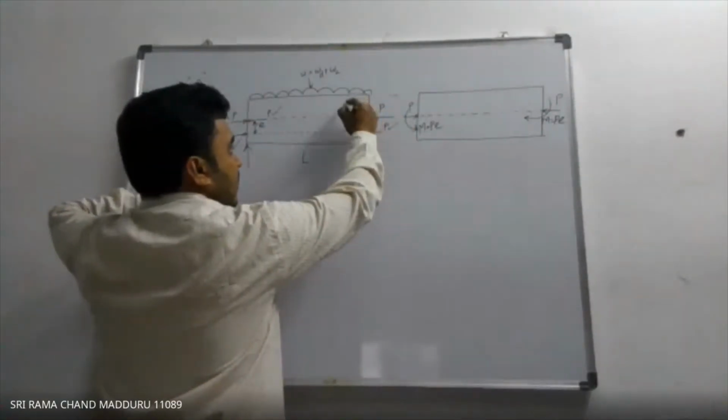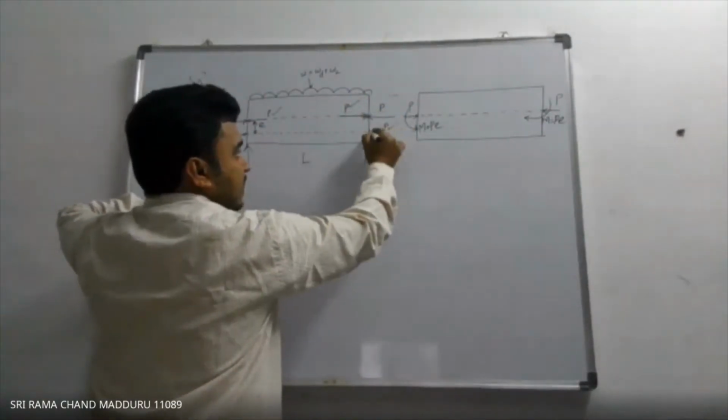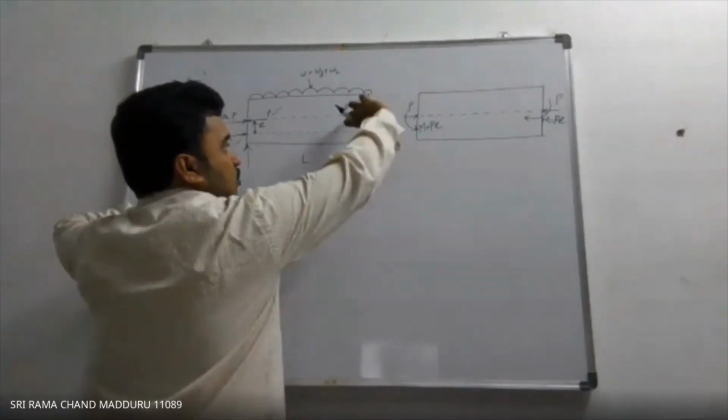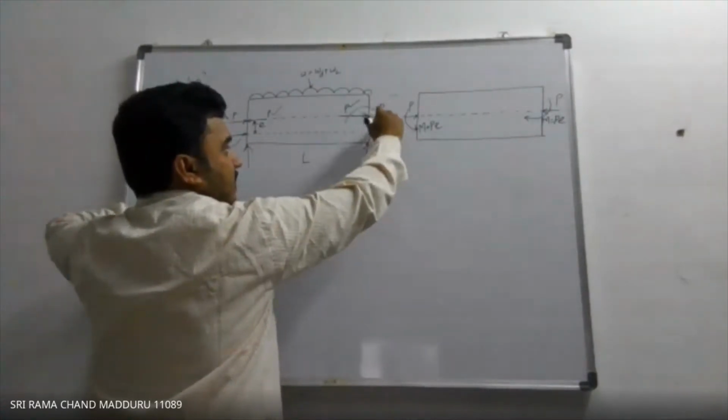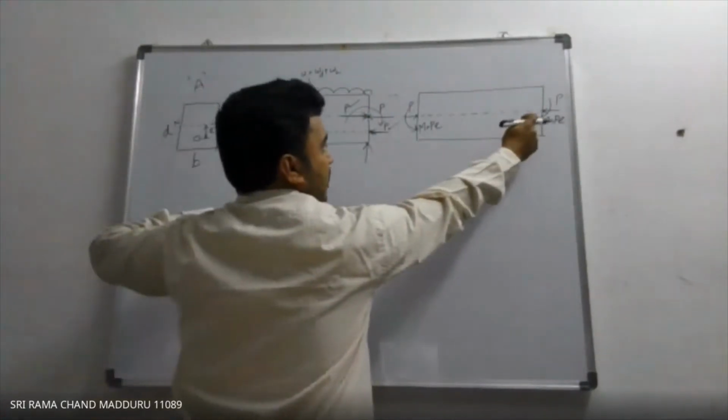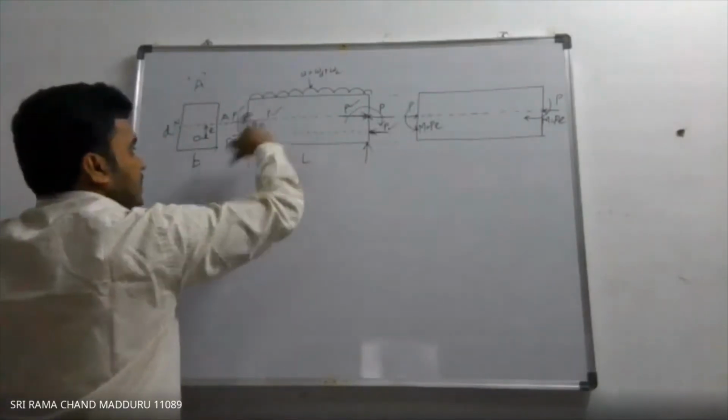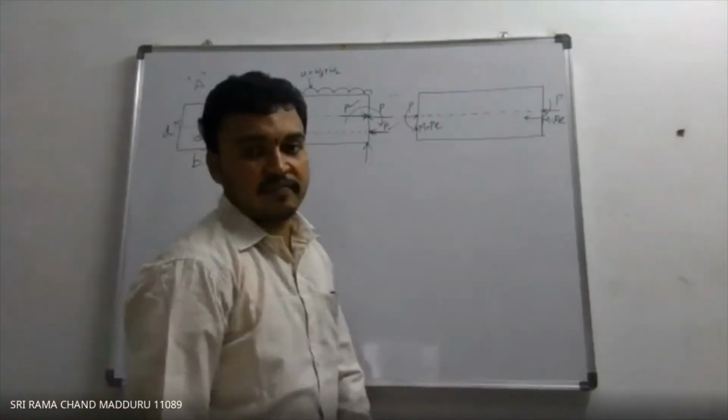Just see this one. This force is coming like this, and this force is going in this direction. So they will form a couple like this, which is how I have drawn it here, at the neutral axis.